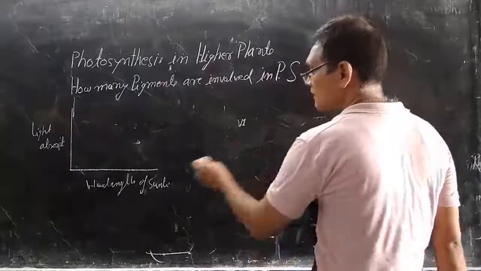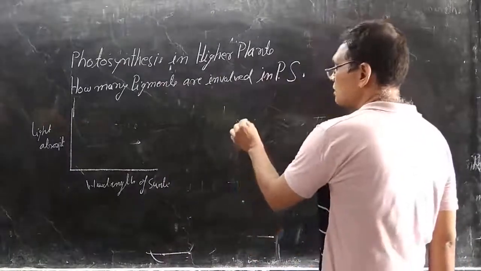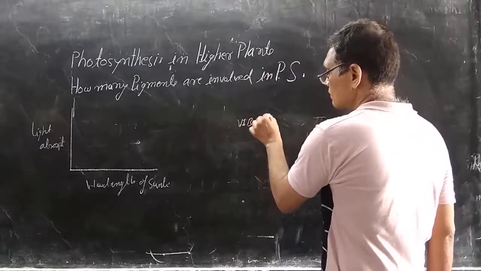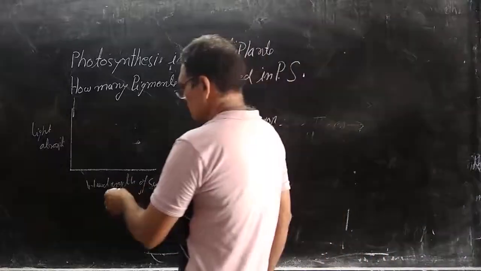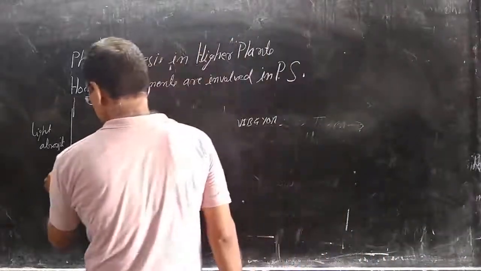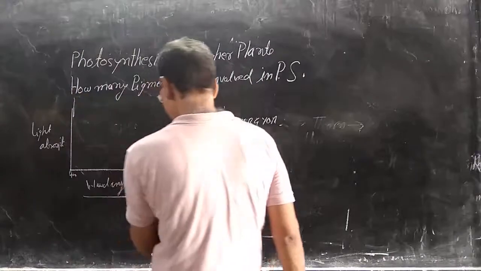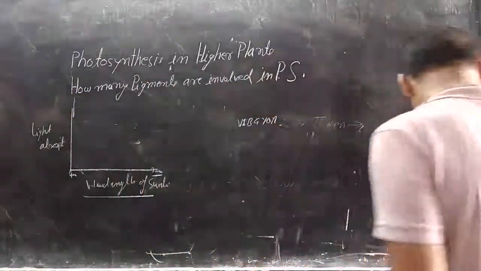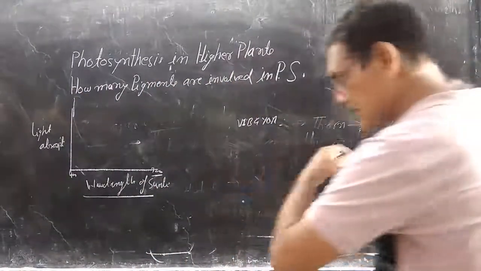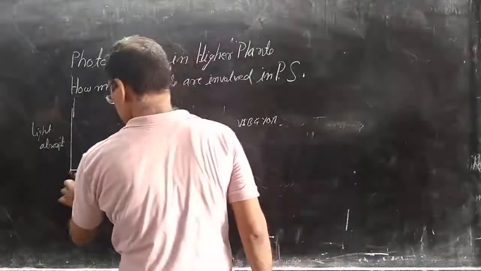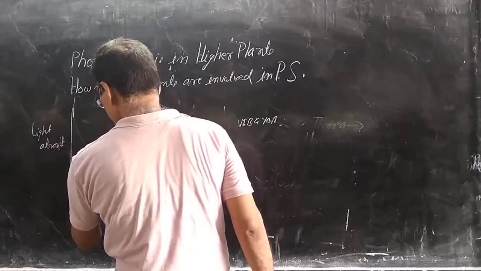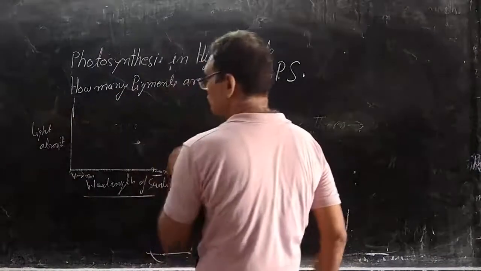The wavelength of sunlight is that of VIBGYOR, so the wavelength is from 400 to 700 nanometer. We distribute this with 400 nanometer on this side and 700 nanometer on this side.